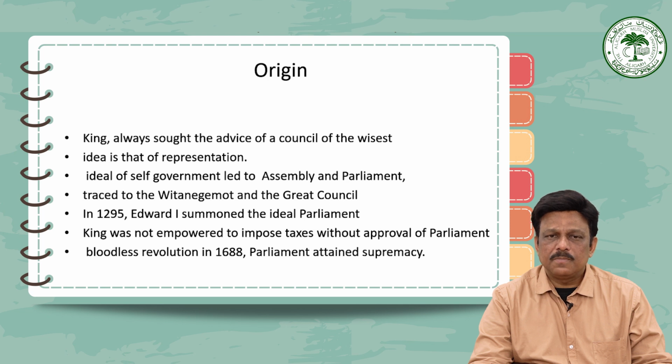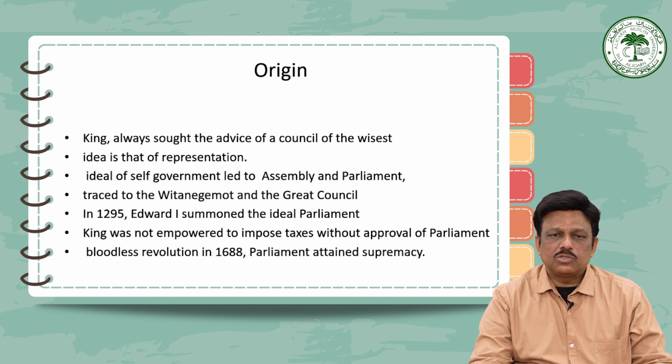Now, earlier this form was very different from what it is today. The origin of Parliament can be traced to the Witenagemot and the Great Council. In 1295 AD, Edward I summoned the model Parliament, to which the attention of the king was drawn to sanction funds for public cause and before which problems of the people can be placed.